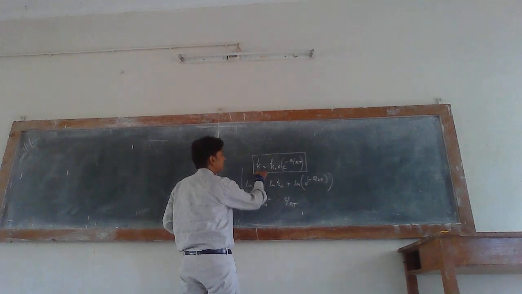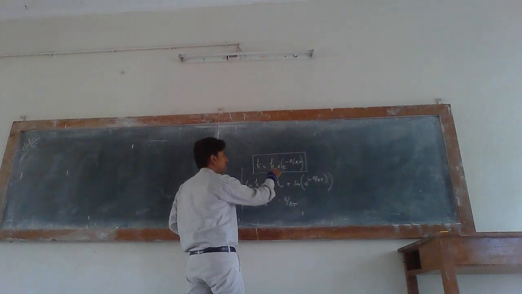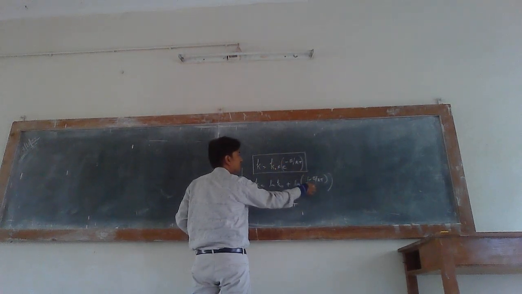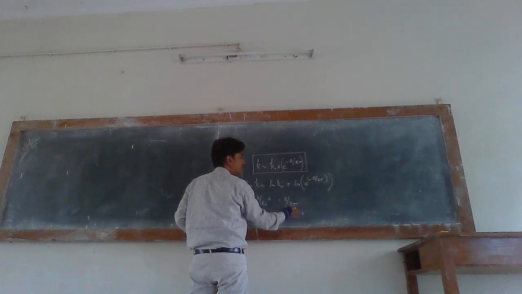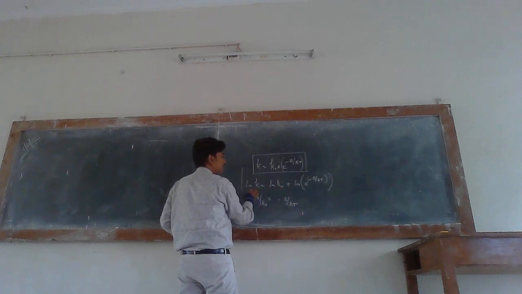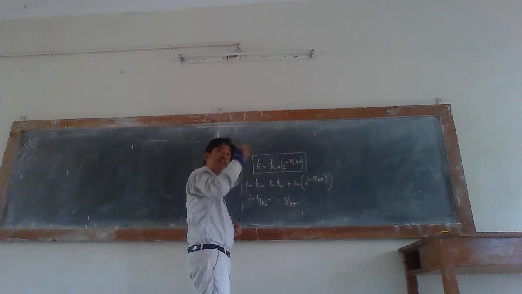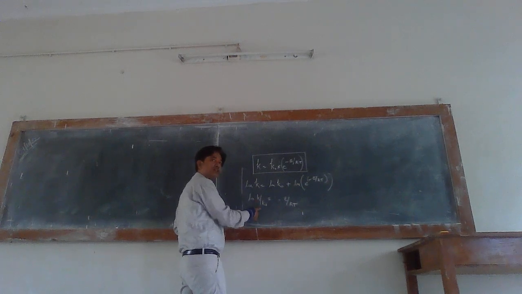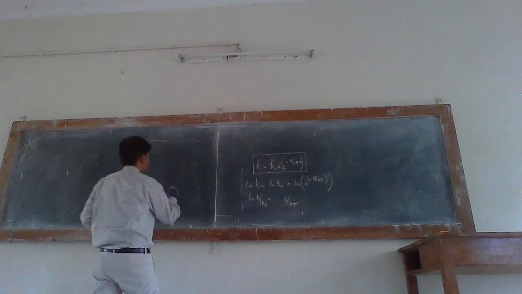See, I applied ln here. ln of mn is equal to ln m plus ln n, so ln K0 plus ln of this term. Because the natural logarithm and e get cancelled, we are left with minus E by RT. This ln K0 I brought to the left, so minus ln K0. ln m minus ln n is ln m by n, so ln K by K0. Okay? Fine. So that means what?